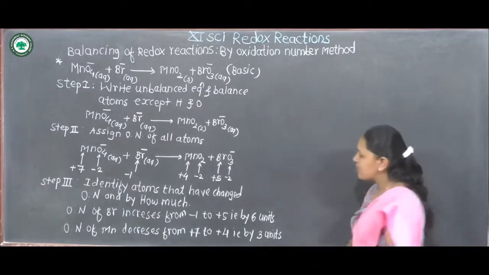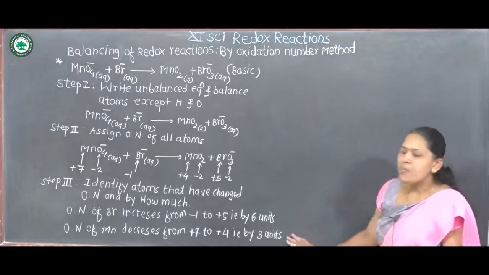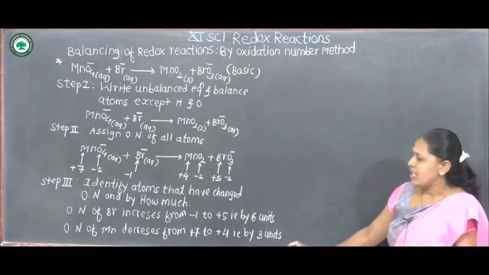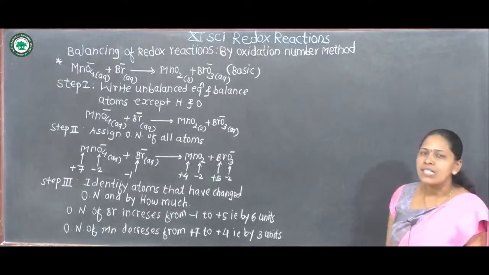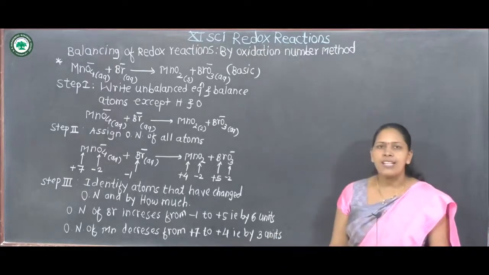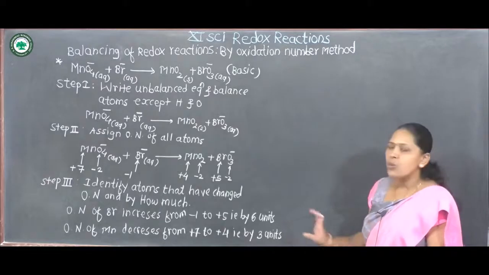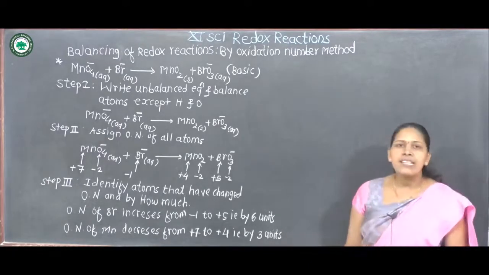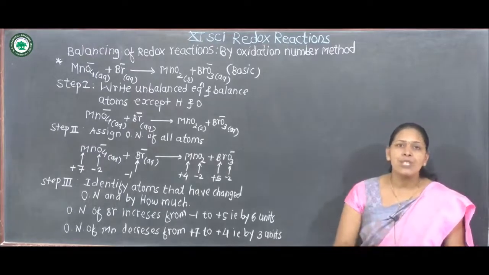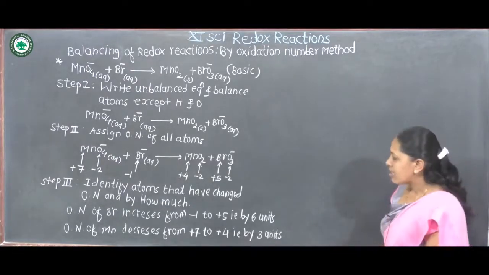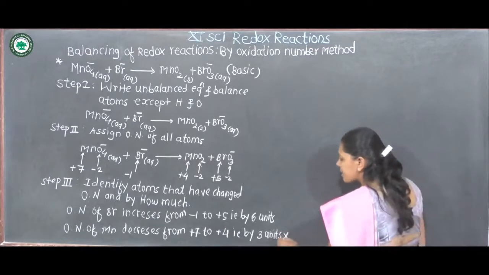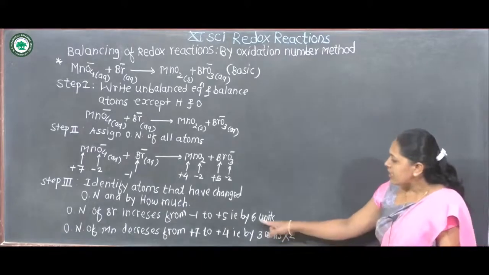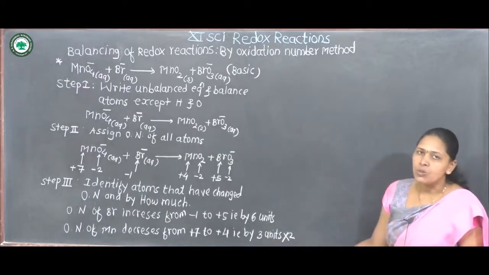Therefore, the oxidation number of bromine increases from -1 to +5, that is by 6 units, and the oxidation number of manganese decreases from +7 to +4, that is by 3 units. Therefore, we have to equalize the total decrease and increase in oxidation number by multiplying by a suitable factor. Here, if we multiply manganese by 2, then it is 3 multiplied by 2, 6.